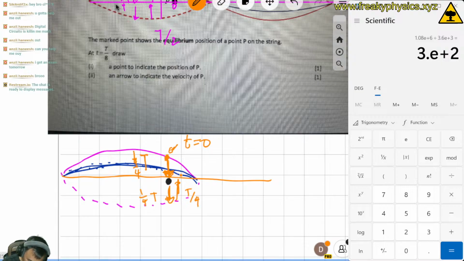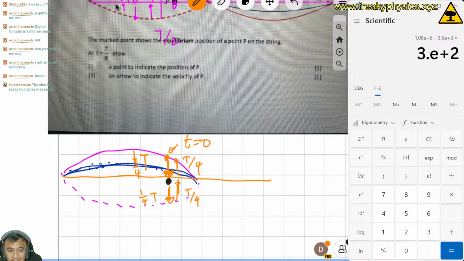Then from equilibrium back to its original position, that's again T over 4 to make the whole period. Because the period is the time it takes to go from where it was, make one full cycle, and come back.